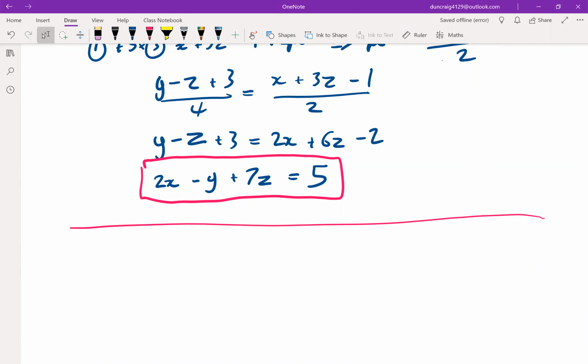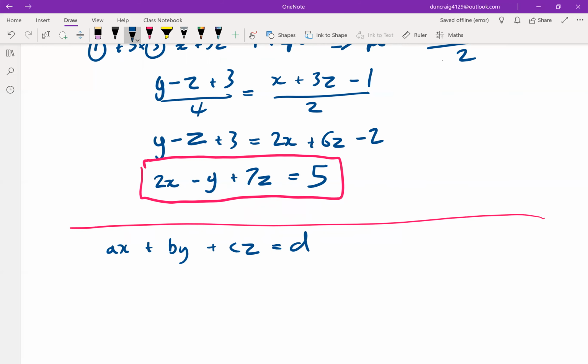So our points were, so we want to put it into the equation ax plus by plus cz is equal to d.